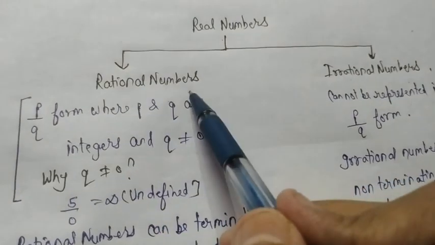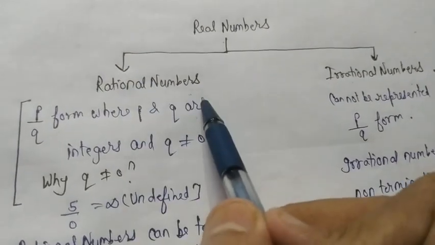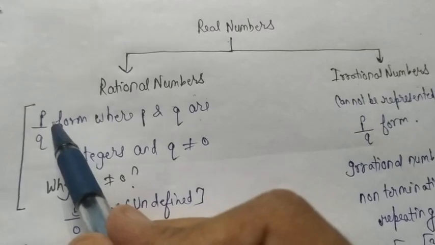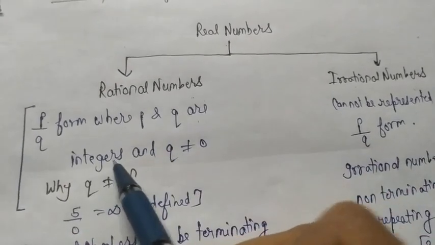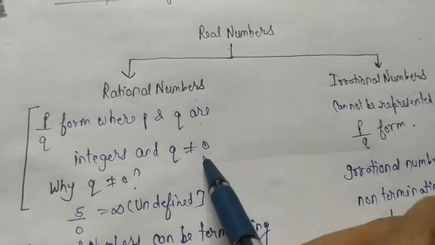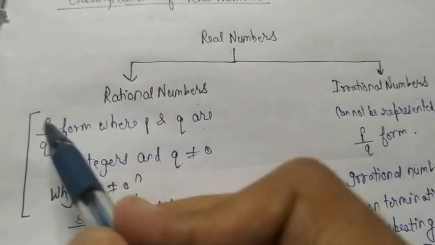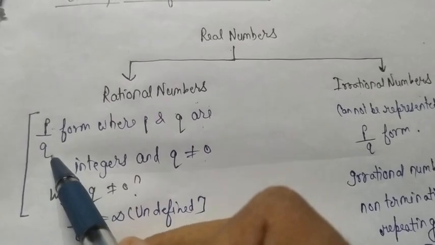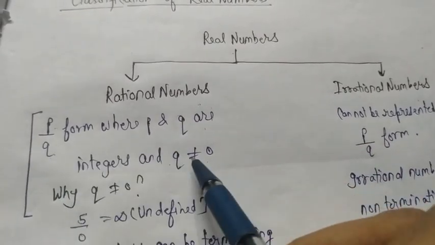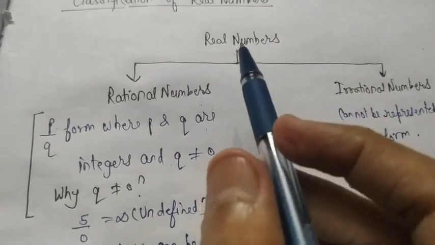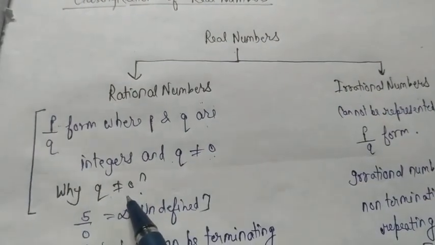You know what a rational number is? A rational number is that type of number which can be represented in p by q form, where p and q are integers and q cannot be 0. Means in p by q, p will be the numerator, q will be the denominator, and p and q both should be integers and q should not be 0. Now, why can q not be 0?